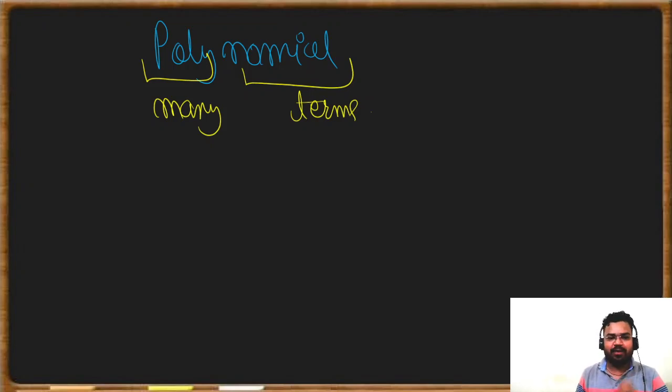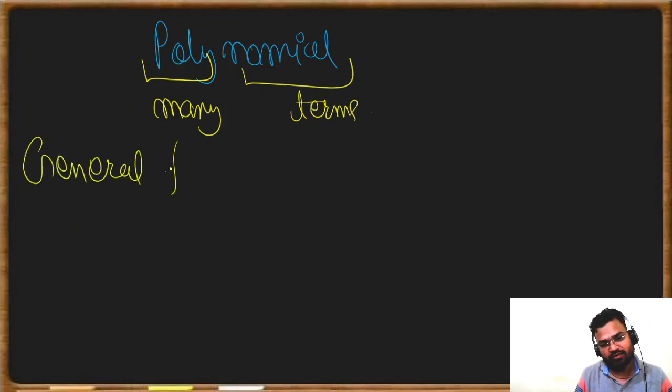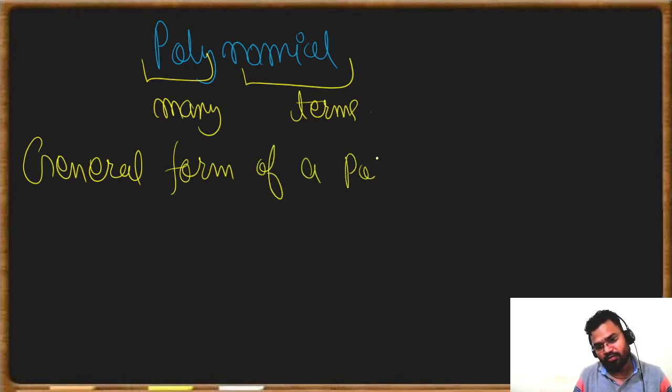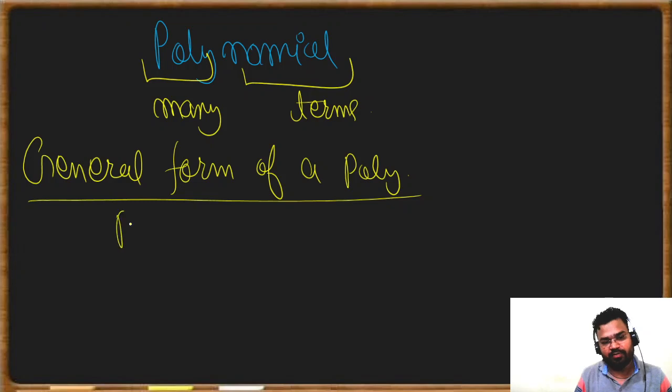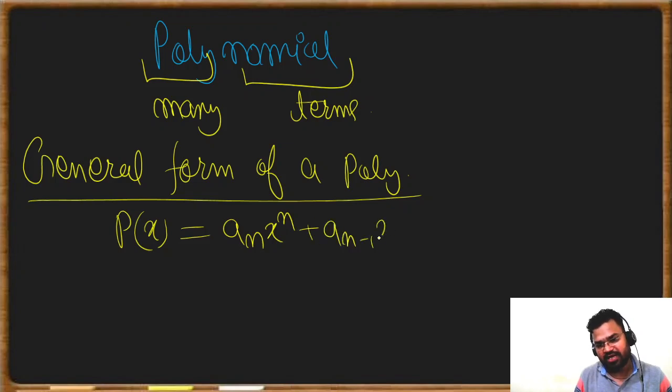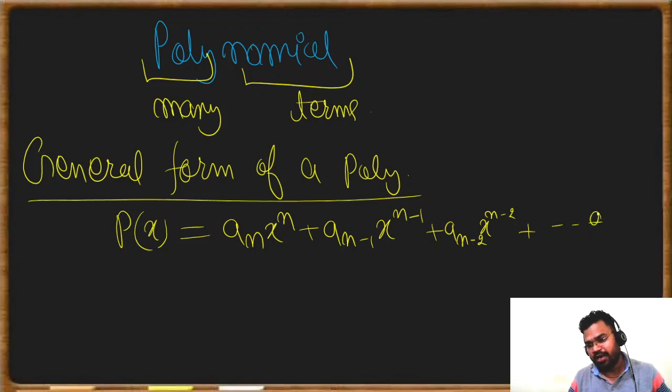Now I'm writing the general form of a polynomial. So p of x is equal to a n x to the power n plus a n minus 1 x to the power n minus 1 plus a n minus 2 x to the power n minus 2, and in the same manner it goes on until a n minus n x to the power n minus n.